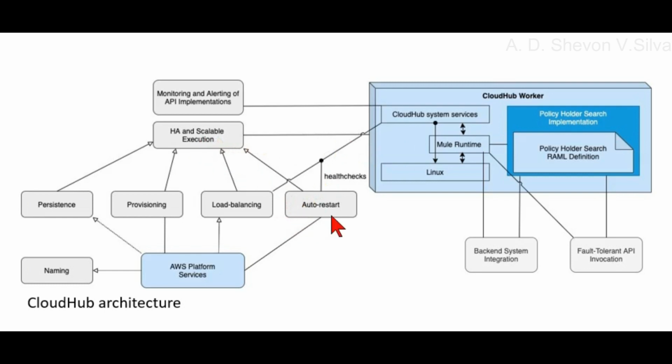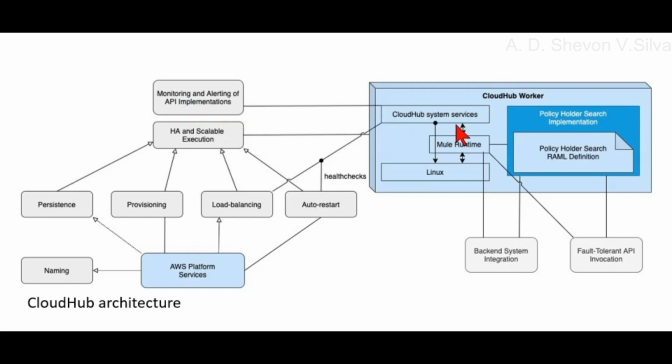Here the auto restart and load balancing are connected to the CloudHub system services in the CloudHub worker. Here the monitoring and alerting of API implementations is connected to the CloudHub system services in the CloudHub worker.